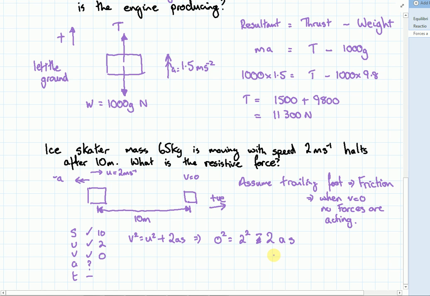So I'm going to find the magnitude of this acceleration, times 10. So A equals 4 over 20, or 0.2 meters per second squared.